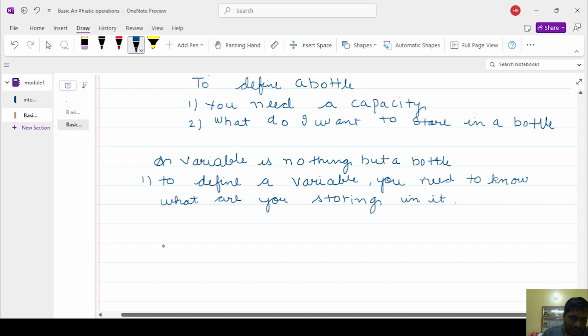You are storing a positive value, a negative value, a decimal value, or a negative decimal value.